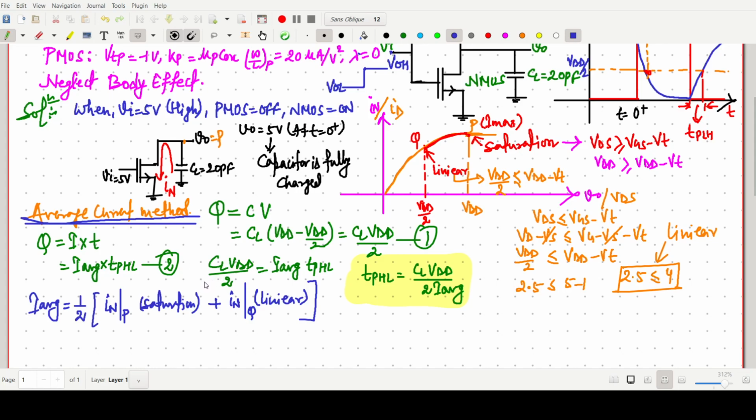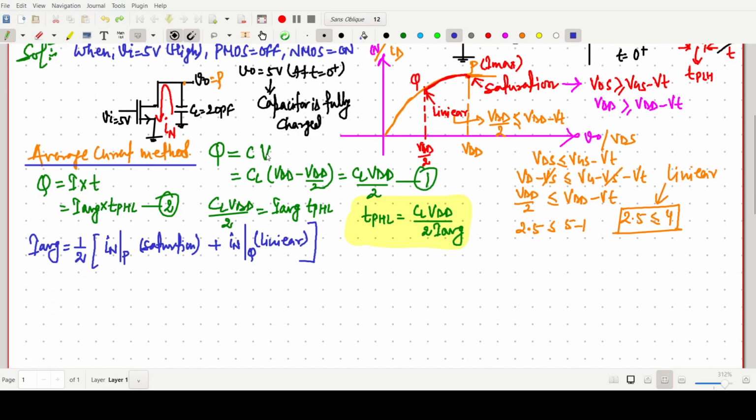Now we only have to write the drain current equation and find the value of I average, because everything else is given to us. So we write 1 by 2.